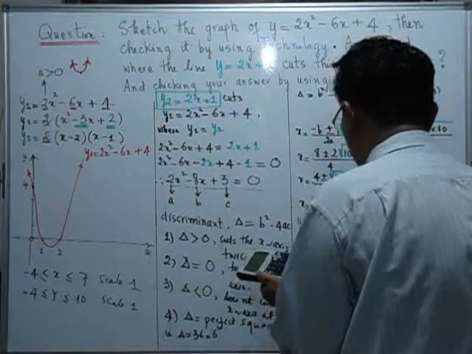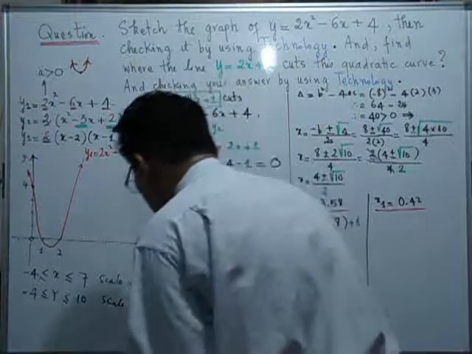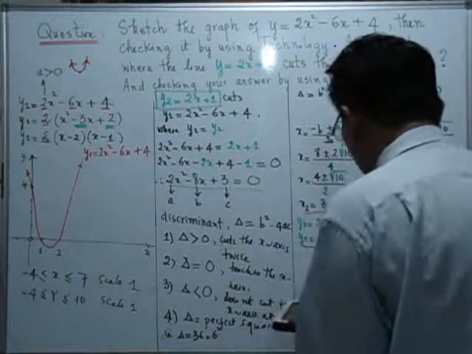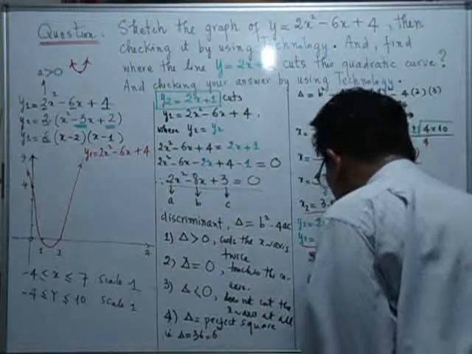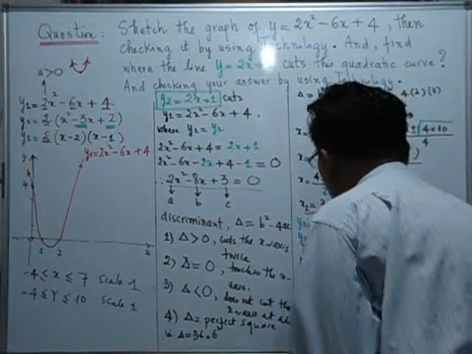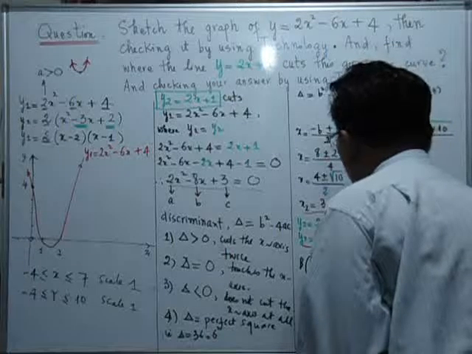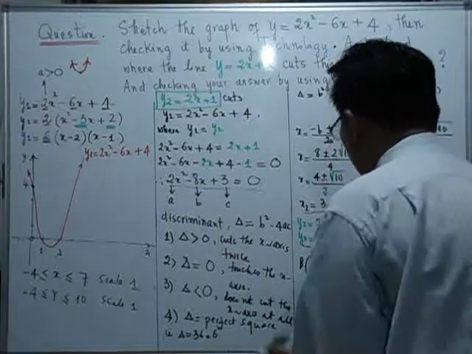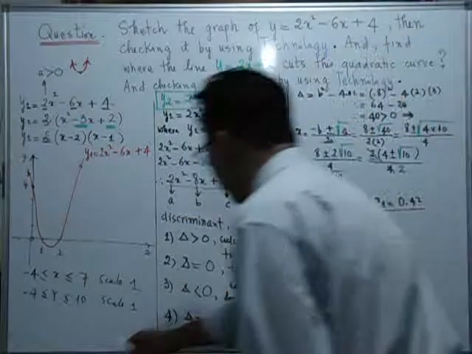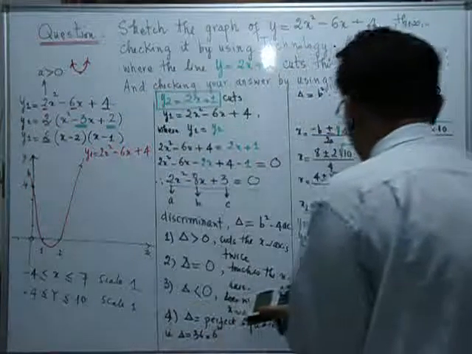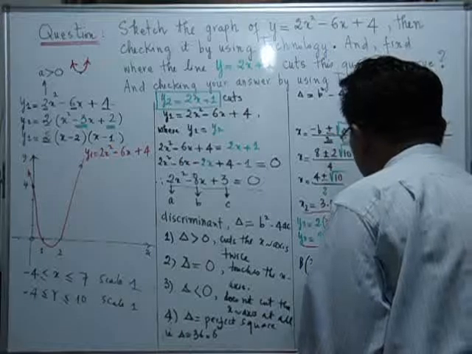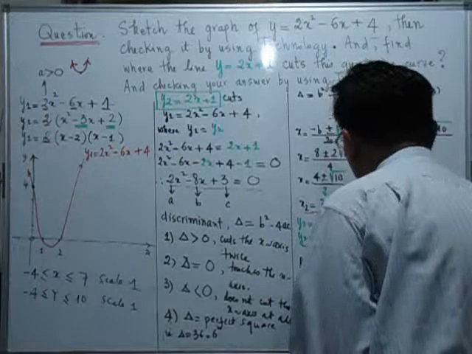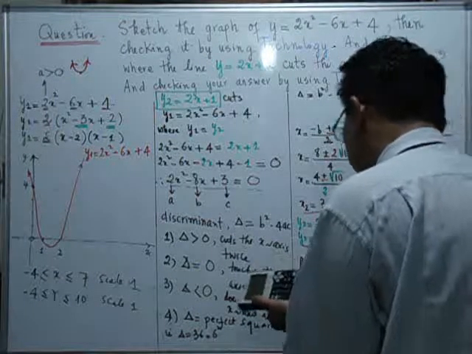So we call this point B. X equals 3.58 and the y coordinate is 8.16.